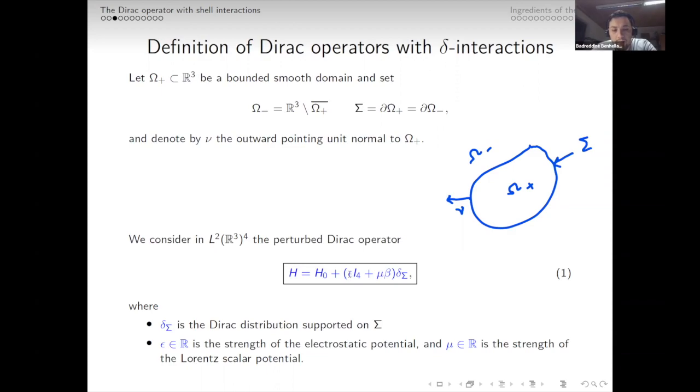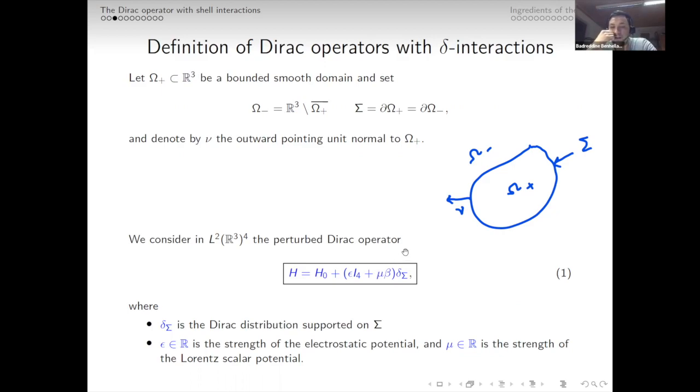The parameters epsilon and mu are real valued. Epsilon here is the strength of the electrostatic shell interaction, and mu is the strength of the Lorentz scalar shell interaction. So this is a kind of classification of potentials.